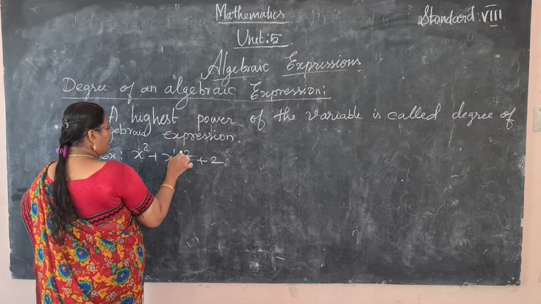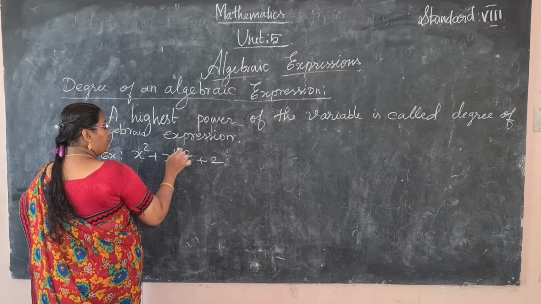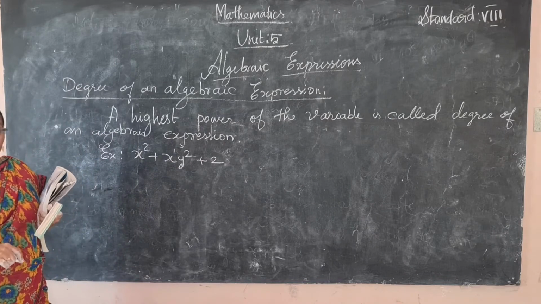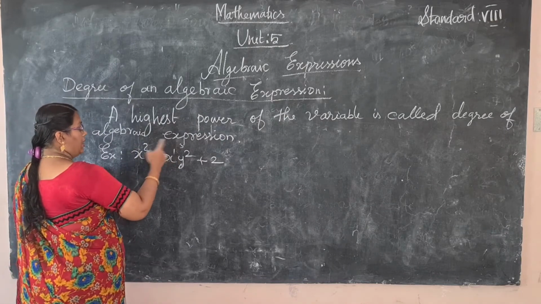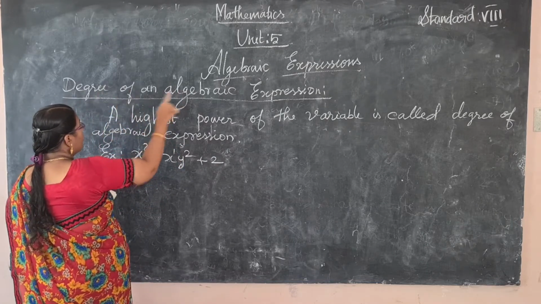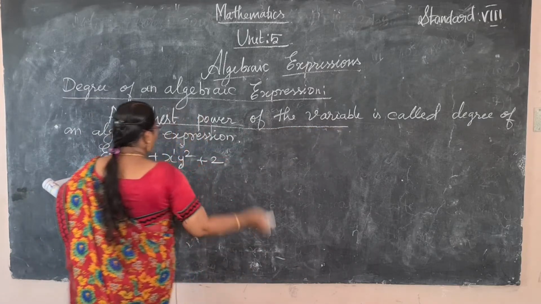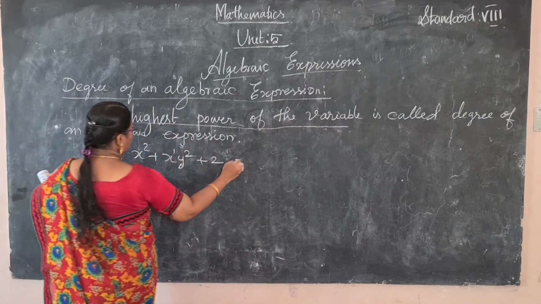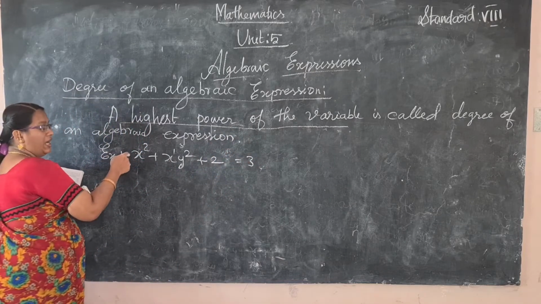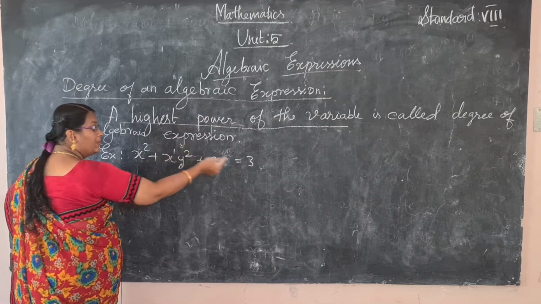In this term, 2 variables are there, and the sum of the powers is 3. So which one is the highest power? This one. The highest power of the variable is 3. Therefore the degree of the algebraic expression is 3.